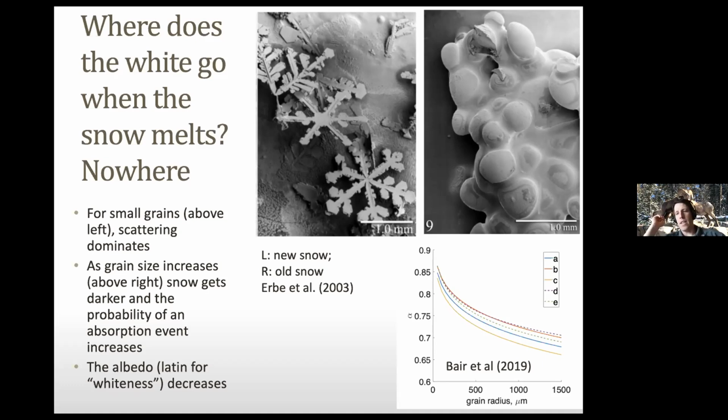And the A, B, C, D, E are different models and also different types of atmospheric conditions, so it depends on how high up you are, whether it's wintertime or summertime. The aerosols and the amount of diffuse light matter a lot too for the albedo. But the point is that as the grains get bigger, the reflectance decreases, which is the same thing as saying the albedo decreases.